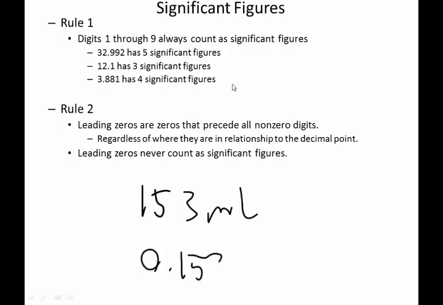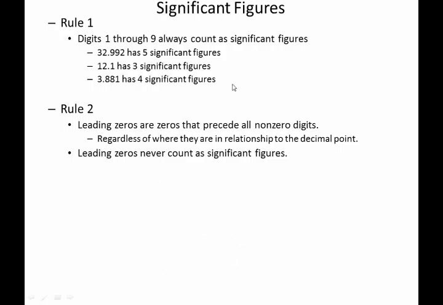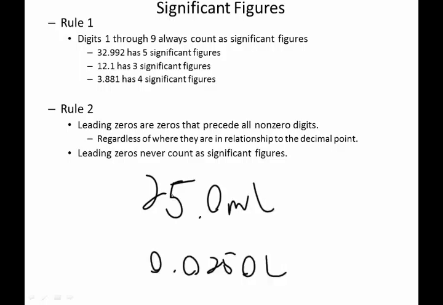I don't want the number of significant figures changing when I do that. I need that to stay the same, so I don't want to start adding new significant figures. So if I had 25 milliliters and I went to liters, it'd be 0.0250 liters. I still need it to be 3 significant figures.